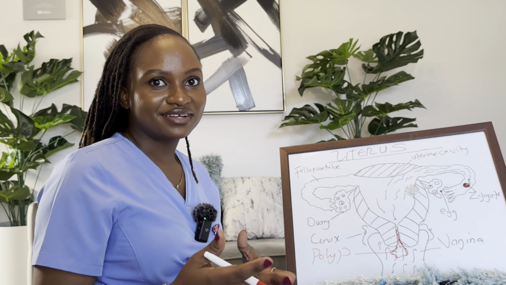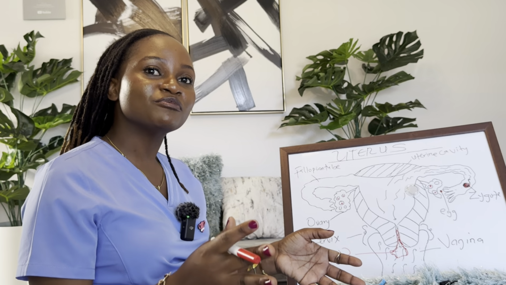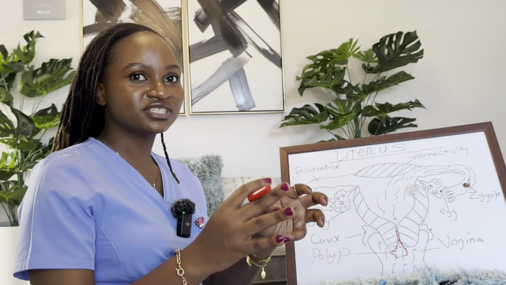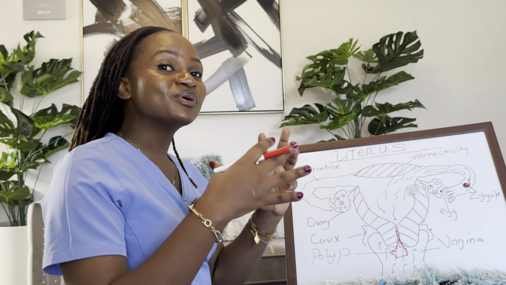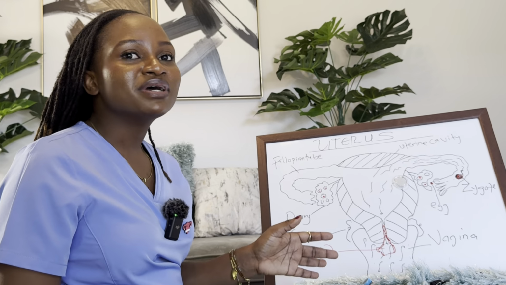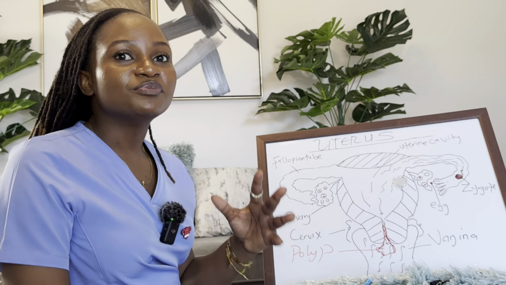But if it is a viral STI, there are some viral STIs that have treatment and some that have management. That is, it cannot be completely treated, but it can be managed. For the ones that can be treated, for example, human papillomavirus, there are treatments like cryotherapy or LEEP, but for the ones that can be managed, they will be managed.